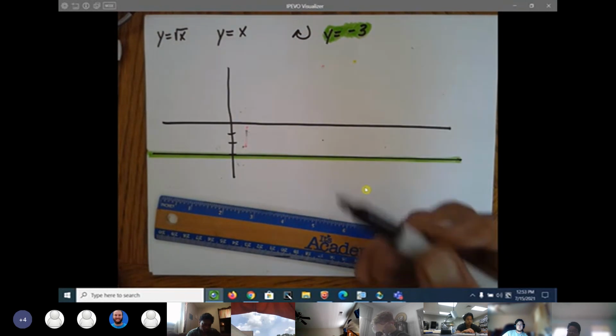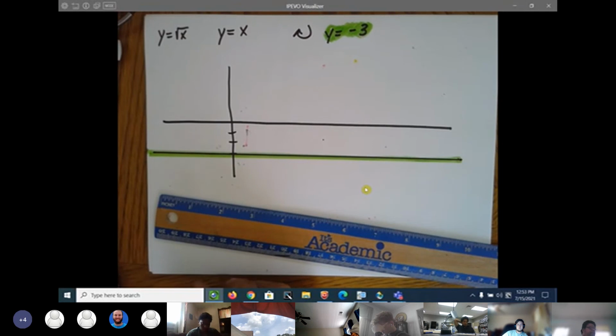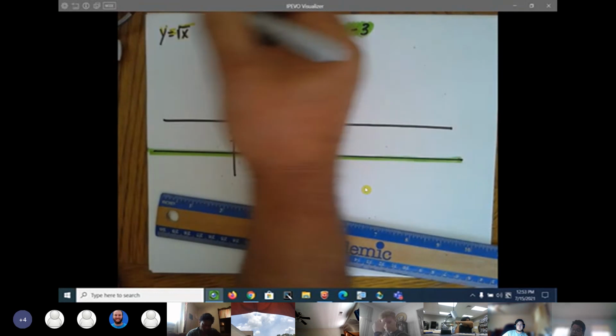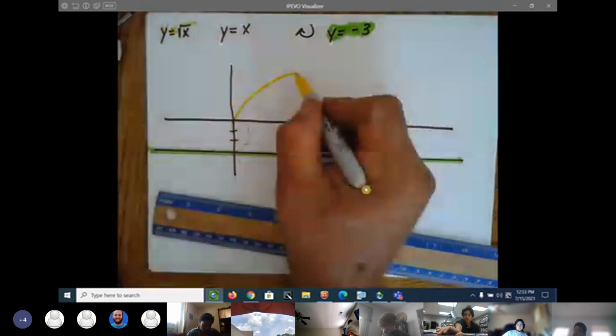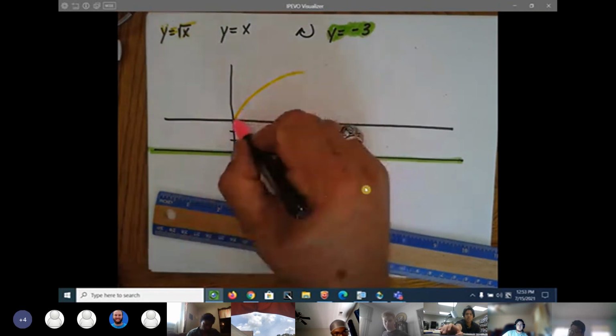Our graph looks like y is equal to the square root of x and y is equal to x.